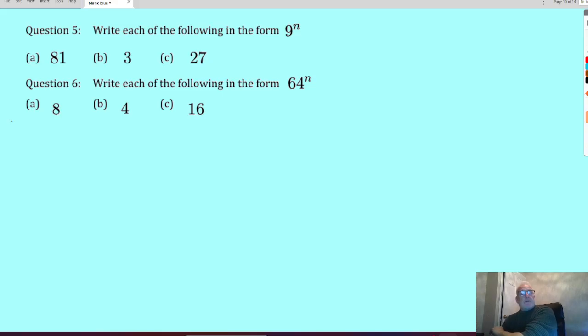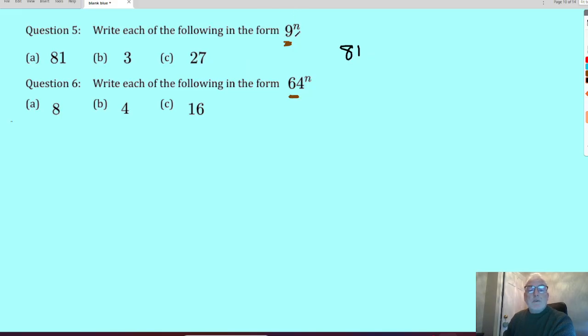A little bit of problem solving on this next one. We are trying to find out, and I'm going to do one of each, if the base number was 9, what would our index number be? And if my base number was 64, what would my index number be? So let's think about this. We've got 81.